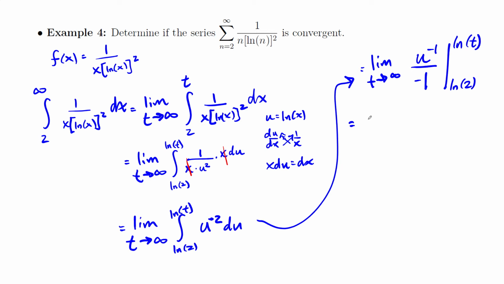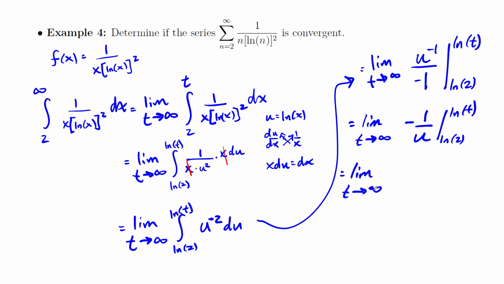So the limit as t goes to infinity, so I'm plugging in natural log of t. Actually, let me do this first, 1 over u, natural log 2, natural log t. So the limit as t goes to infinity of negative 1 over the natural log of t, and then minus negative, so plus 1 over the natural log of 2.